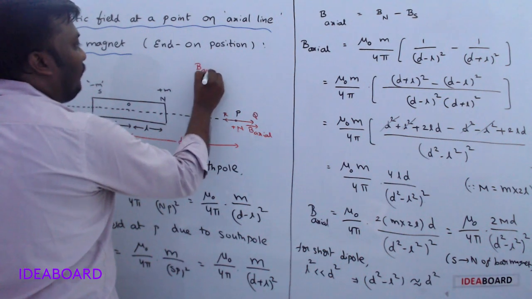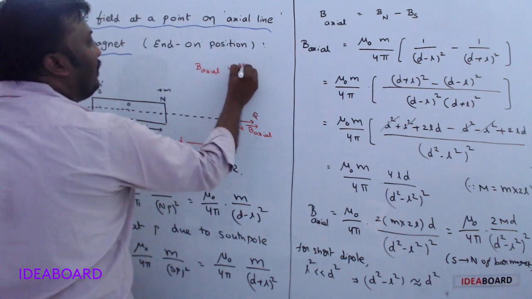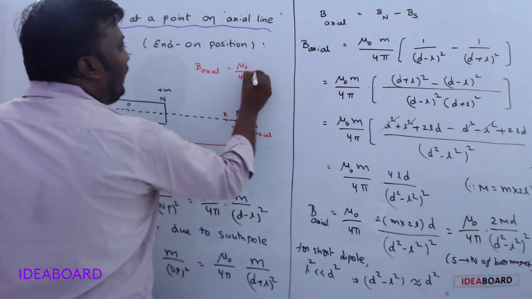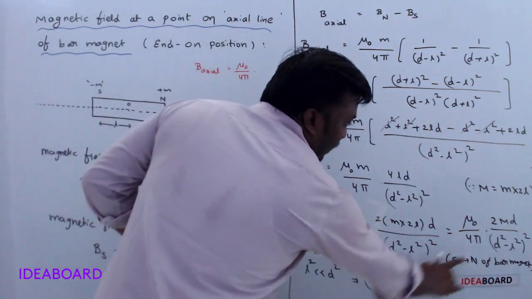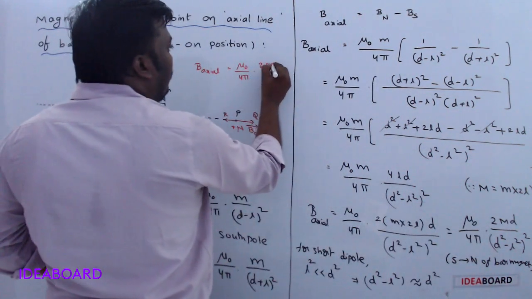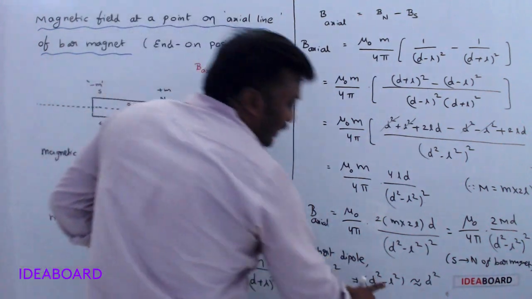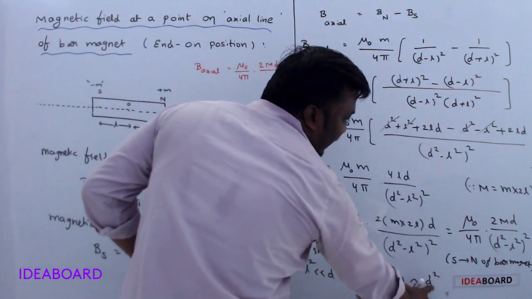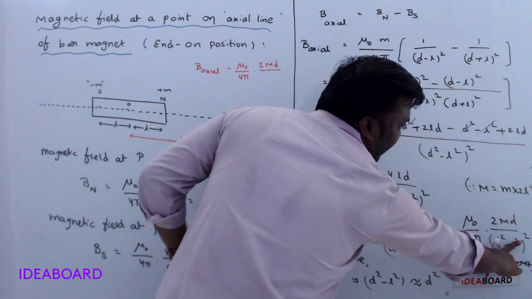B axial for a shorter dipole is mu naught by 4 pi, 2 m d by, instead of d square minus l square, write d square here, then l square is cancelled.